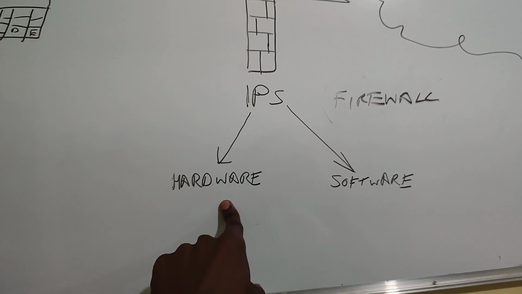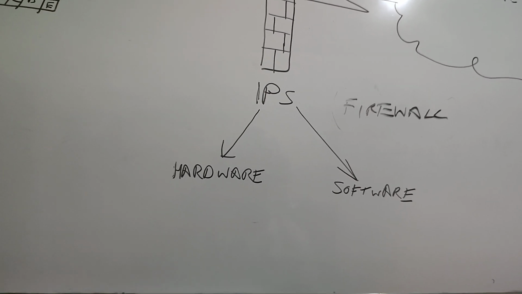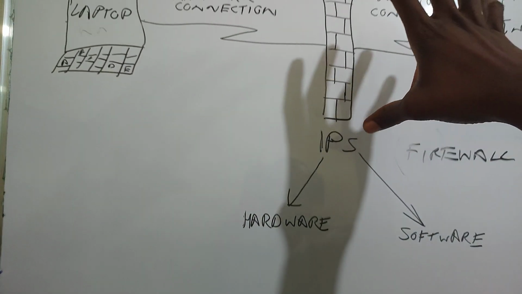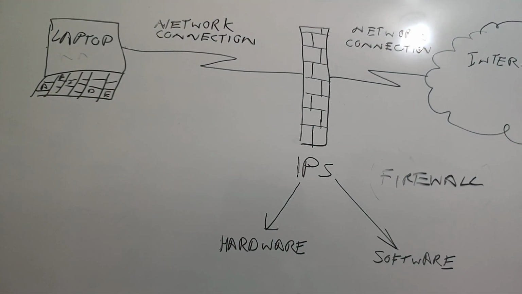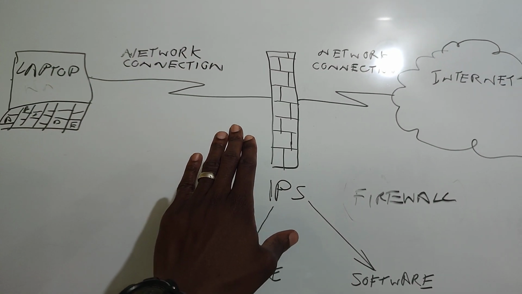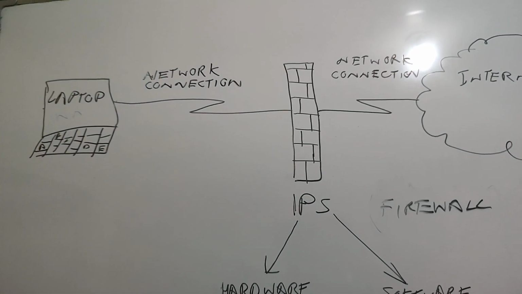Let's go to the hardware IPS, or intrusion prevention system, or also a firewall. The advantage of this type of firewall is that it sits on the network itself, and it gives a little bit more protection on multiple devices on the network.